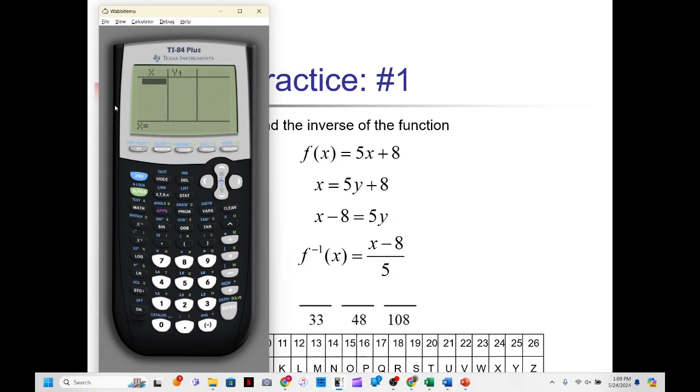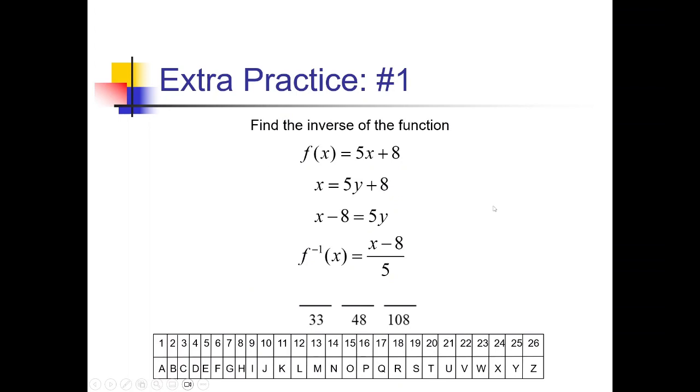So let me plug in 33 first. That gives us 5. And then we'll plug in 48. That gives us 8. And then finally 108 plugged in. That gives us 20. So plugging those in again, we had 5, 8, and 20. Let me now go down to my table and see what those match up with.